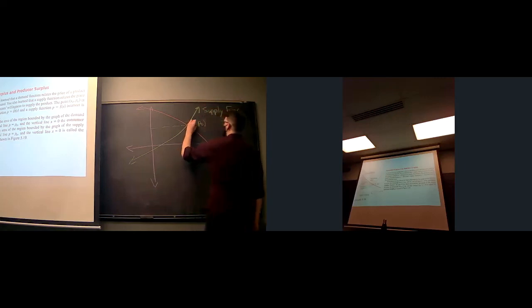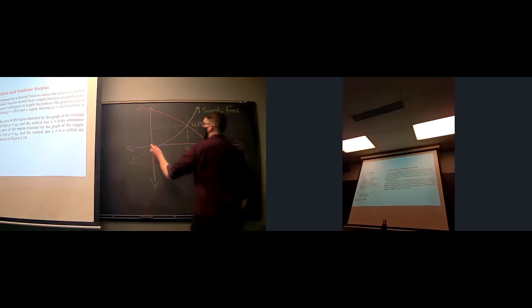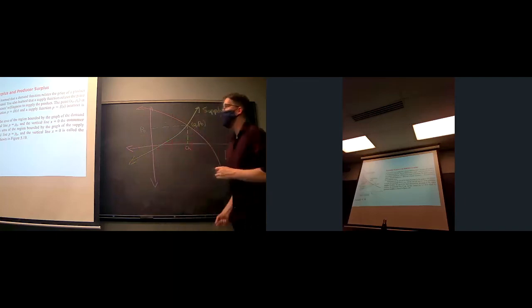This, I'm just going to write as A. Come over here, this is P naught. So what we're looking at right now is a graph of the supply function and the demand function with the points of equilibrium being marked, right?